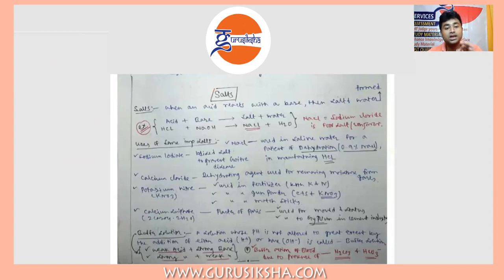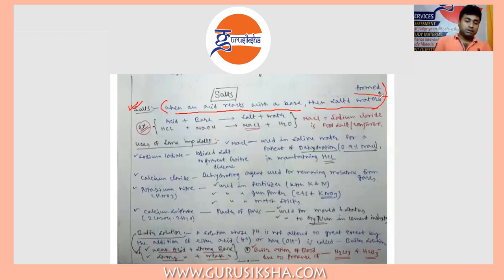What is salt? The definition of salt is that when an acid reacts with a base, salt and water are formed.